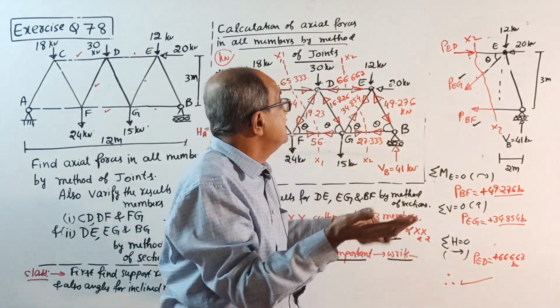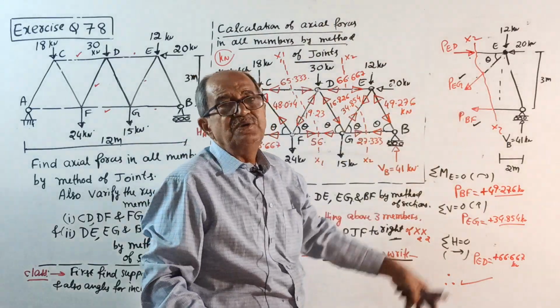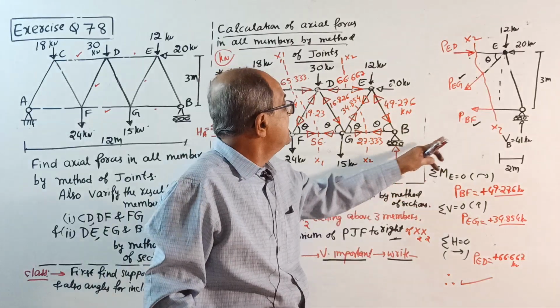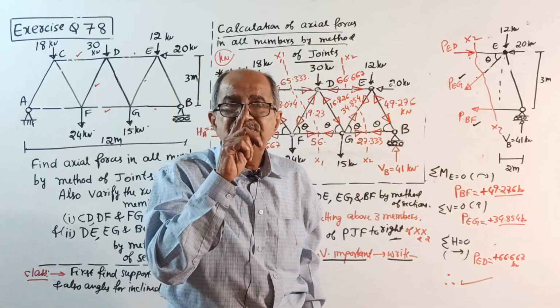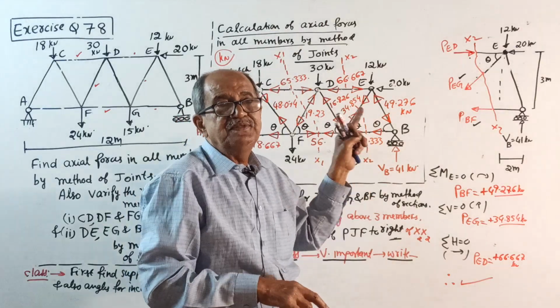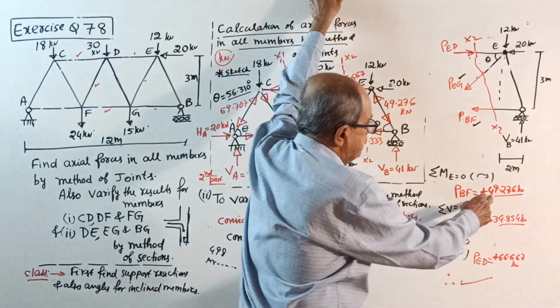Direction you are checking, whether what we got here is correct or not. That's why whenever you verify the result by method of sections, you consider the same direction as you got by method of joints. If method of joints is correct, plus sign will come. So here, all plus.